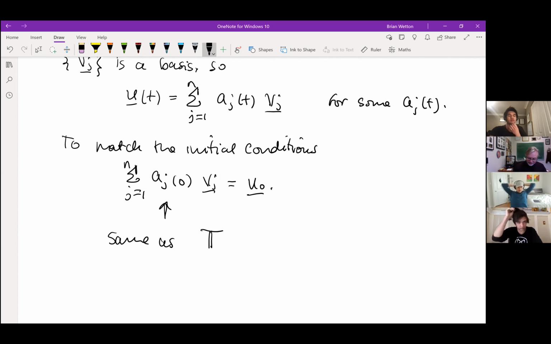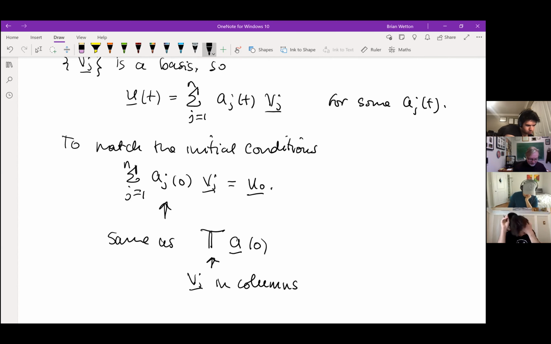So I'm going to make a matrix T, and this is the Vj vectors in the columns times the coefficients at time 0 is the initial conditions.